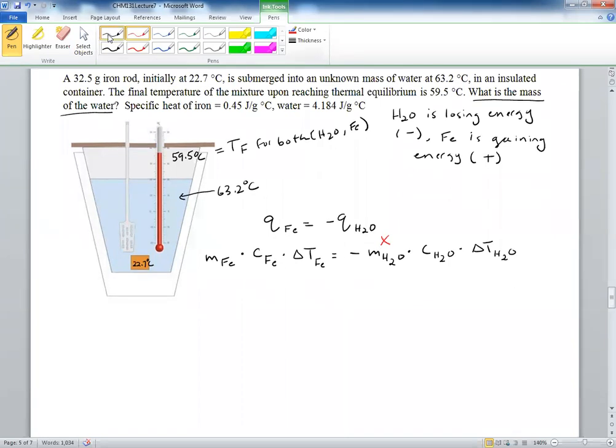Well, let's solve for it first, and then we can find all the other terms and plug them in. So you know in math that if you need to isolate something by itself, you have to divide by what's next to it. So in this case, we have to divide each side by negative C of H2O delta T of H2O.